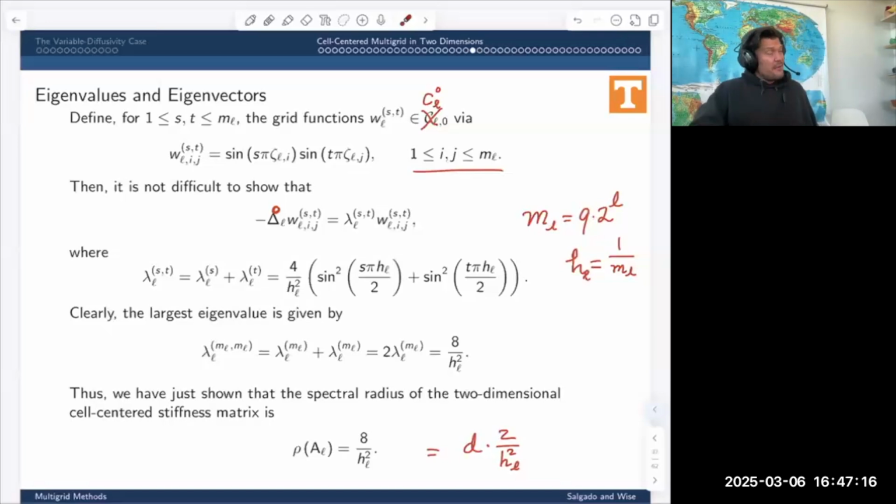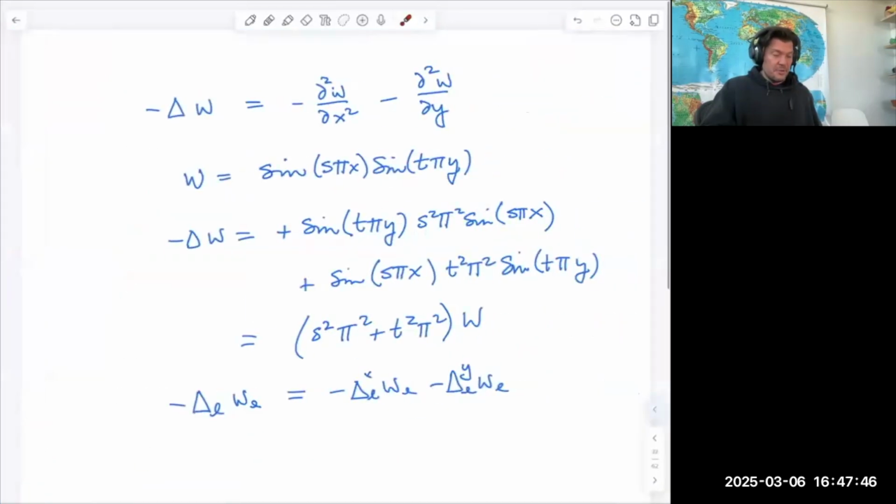As I said, if I want to do a three-dimensional Poisson equation on a cube, then I have nothing more to do there either. I can still use the one-dimensional case and just use the fact that my finite difference operator can be broken up into the sum of three one-dimensional operators. Again, it's entirely analogous to what happens in the continuous case, which we did here with this little calculation.